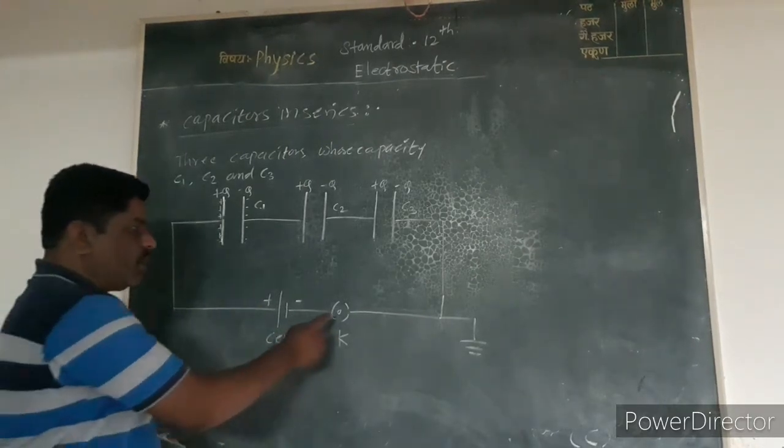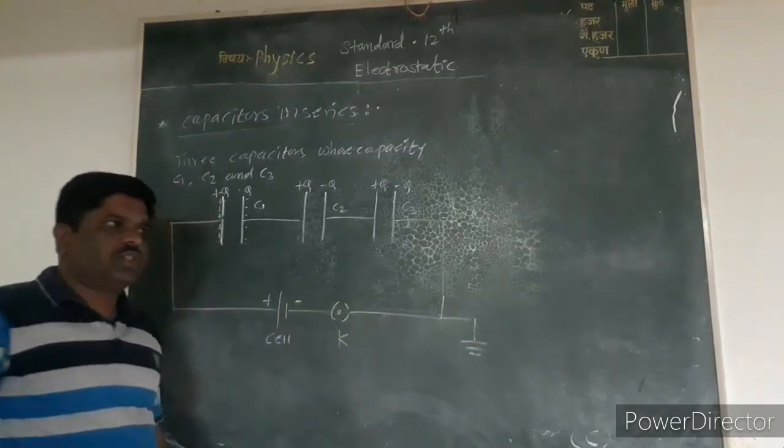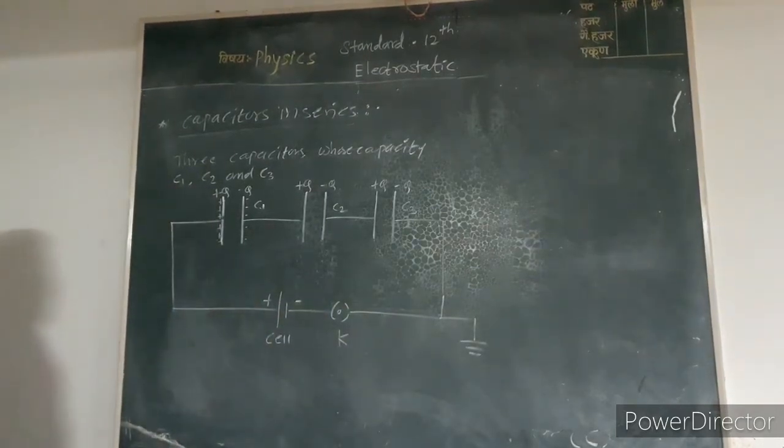If K or plug key is closed, current passes through these capacitors.